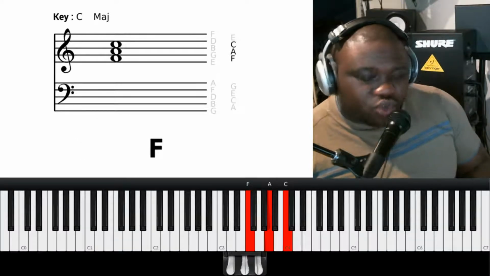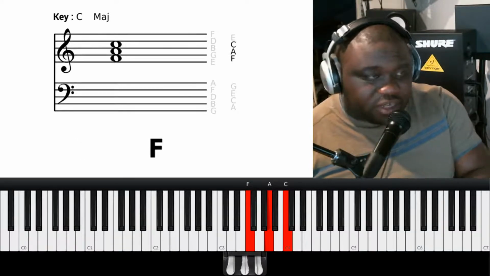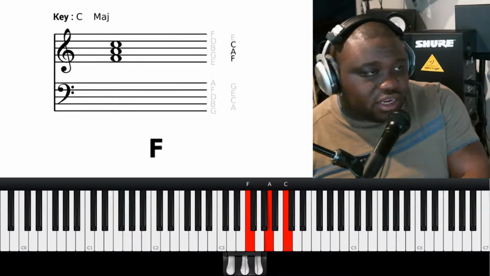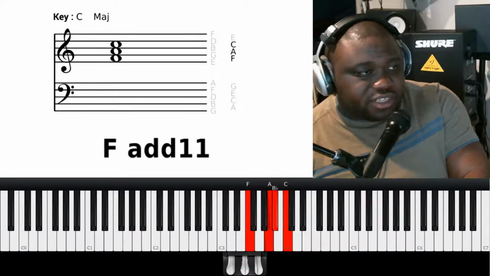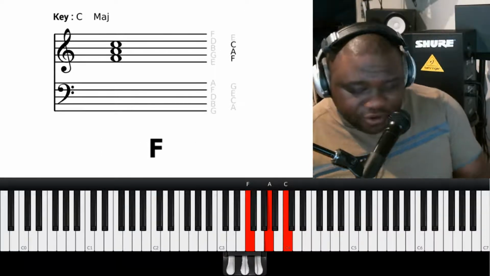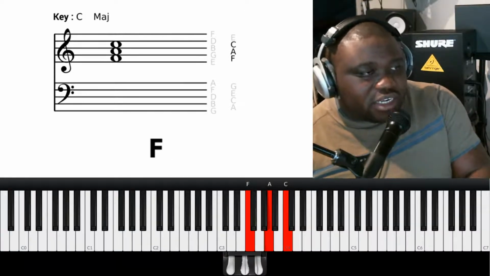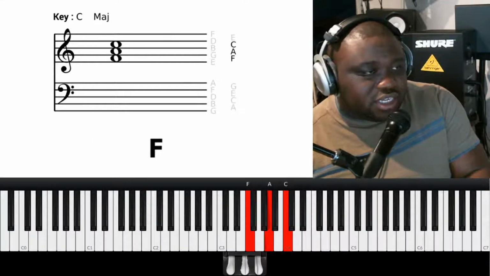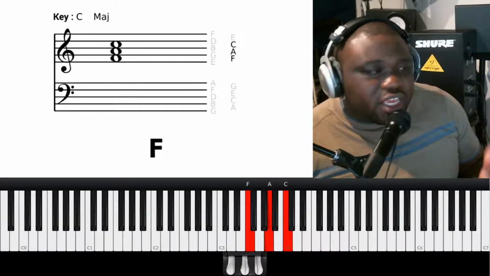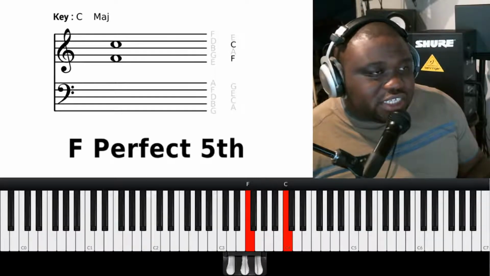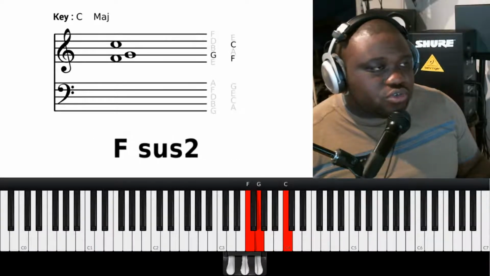Got it? So the ones we are going to be isolating is going to be this, not this, not this, but this. Got it? Because it has to be in that scale. Our F sus2 is going to be isolating this third to a 2.